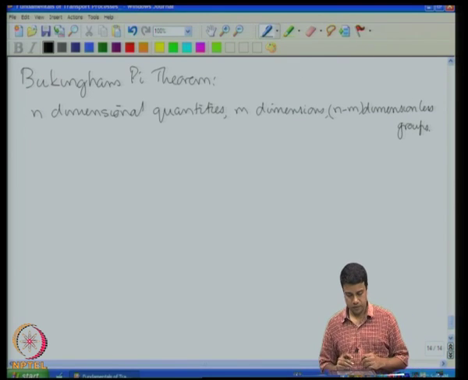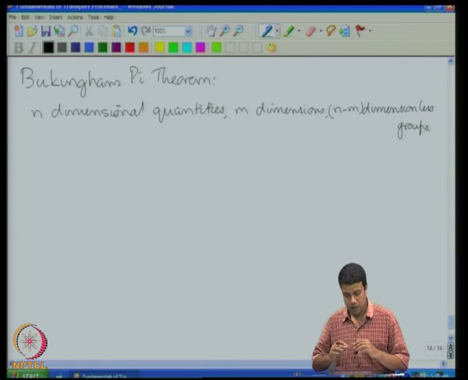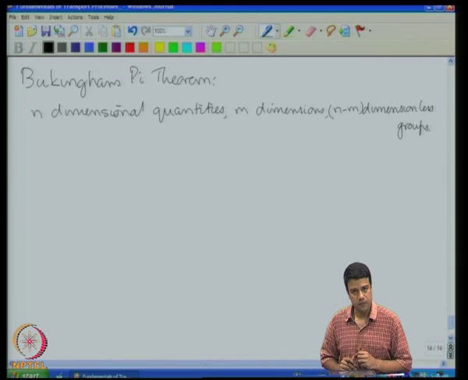So these n dimensional quantities, if they contain m dimensions, can be organized into n minus m dimensionless groups.